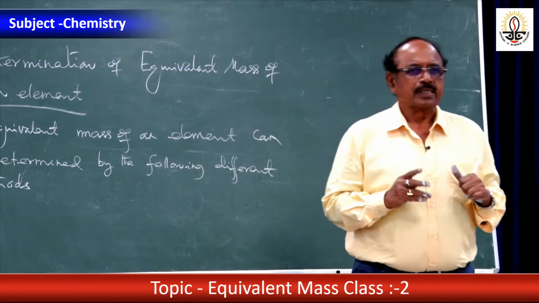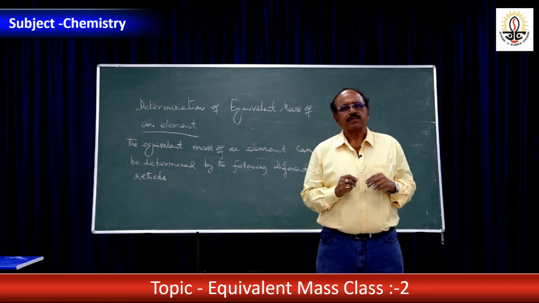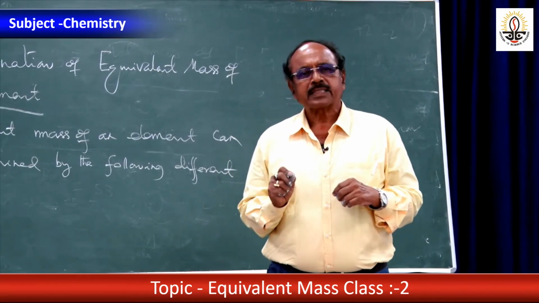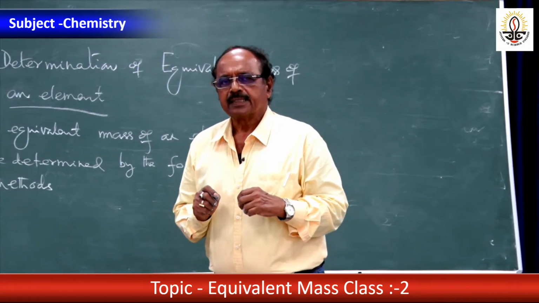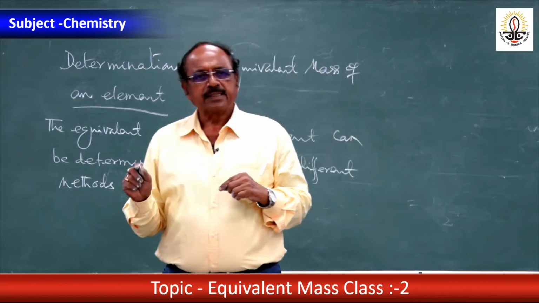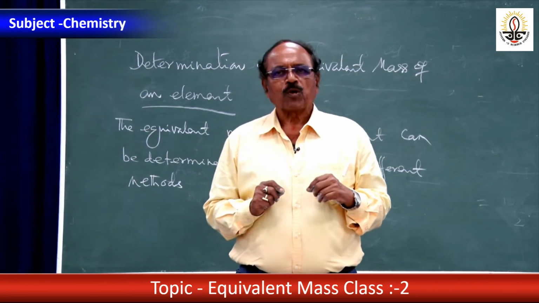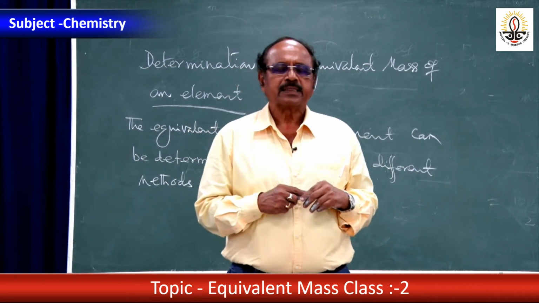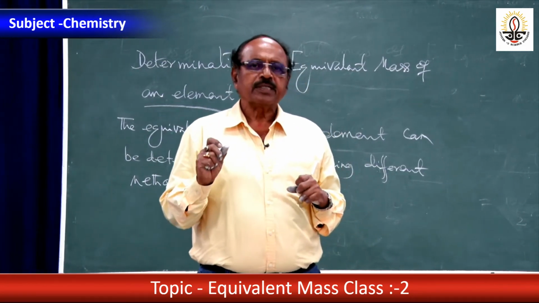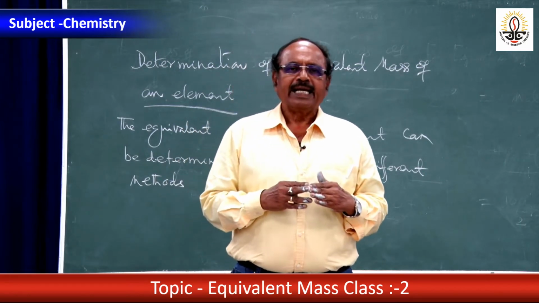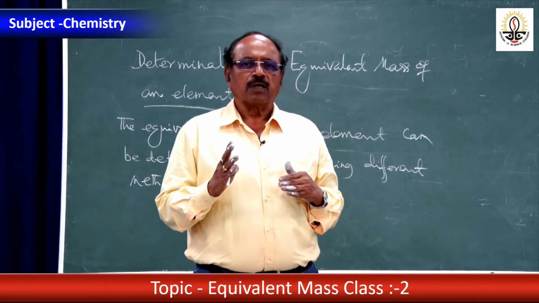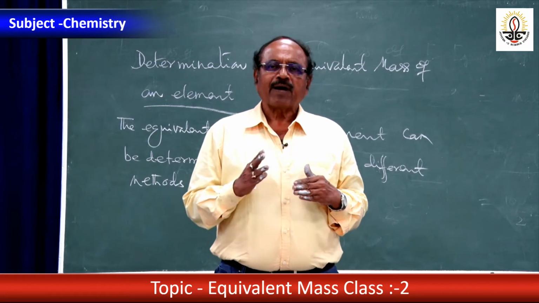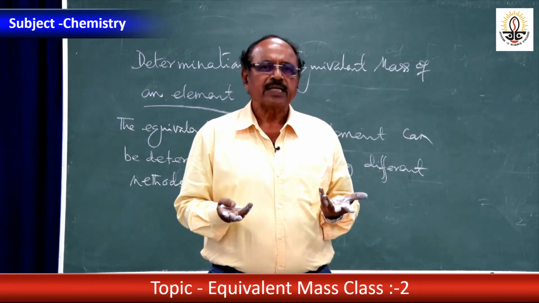What is the equivalent mass? The equivalent mass is defined as the number of parts by mass of the element, which combine with or displace 1.008 parts by mass of hydrogen or 8 parts by mass of oxygen or 35.5 parts by mass of chlorine.